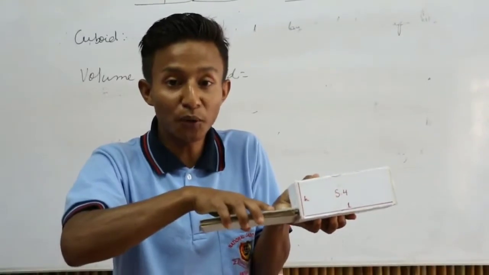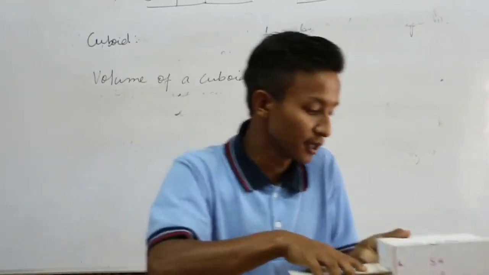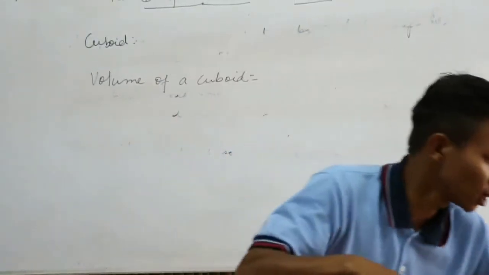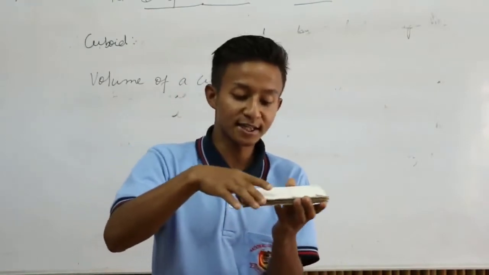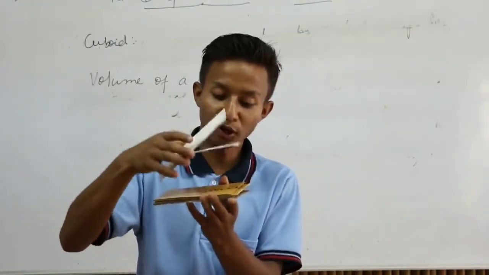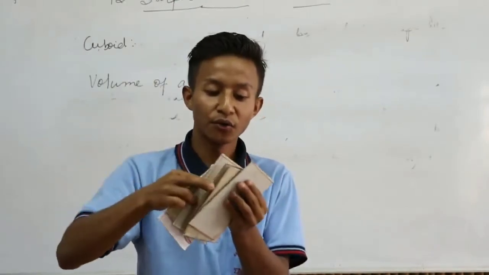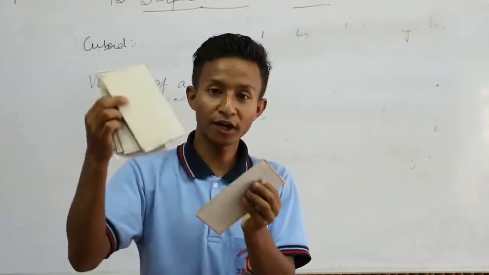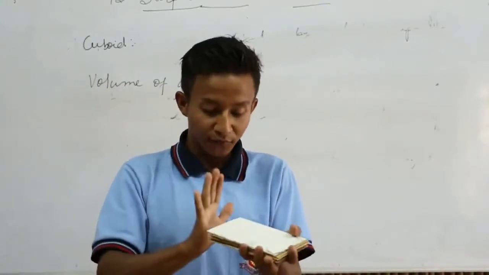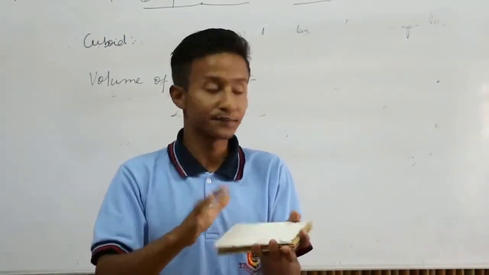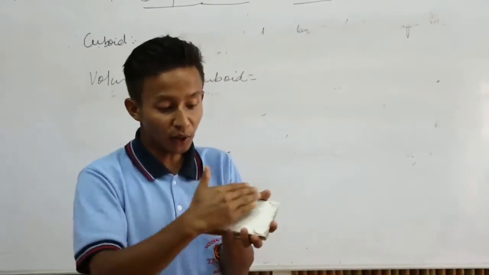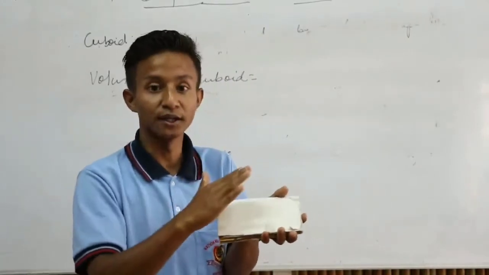We'll try to find the volume of this much. How much is the volume? Up to this much, let me count how many slices there are: 1, 2, 3, 4, 5 and 6. There are 6 slices. Find all the areas and add them up. All the sheets are equal.